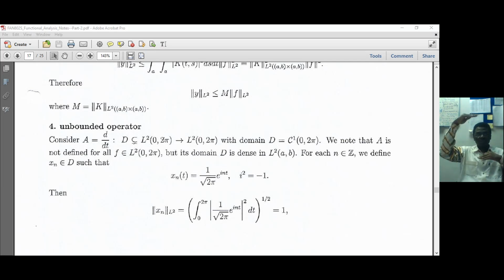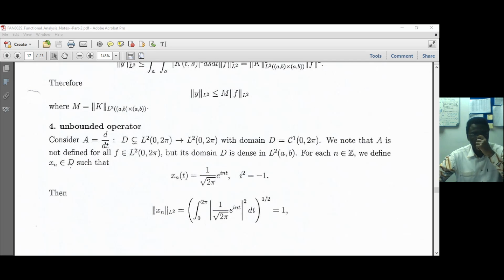But you can have a function with a jump which is square integrable, in the sense that we defined. So the domain is strictly included, it cannot be equal to L2. And this domain is dense in L2.